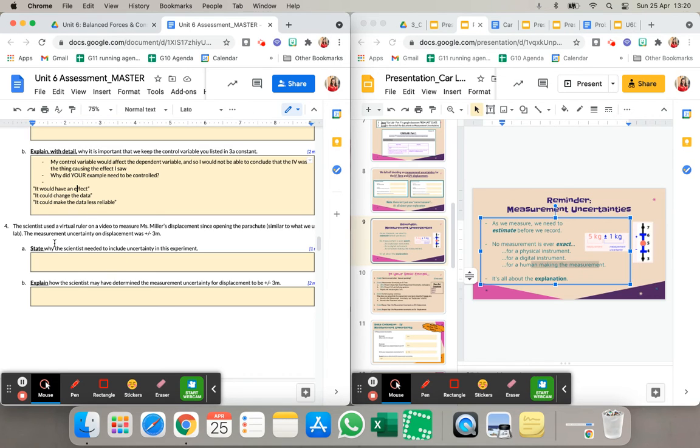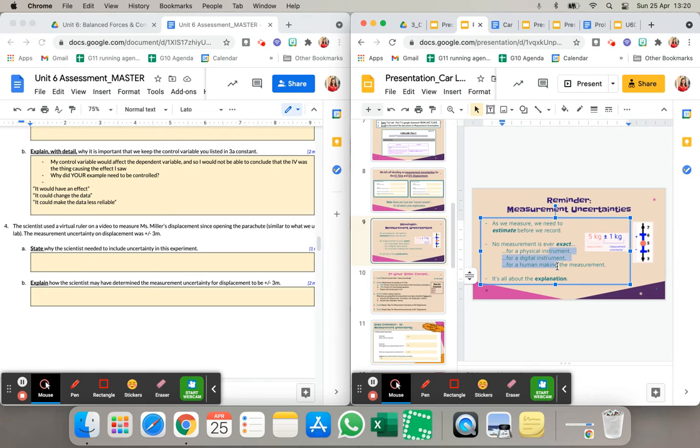So in this case, we were looking for you to say we need to include uncertainty because every experiment has uncertainty, every measurement has uncertainty. And then in the second part, we were really looking for you to mention these two big themes we kept coming back to, that the instrument itself has uncertainty and the human interpretation adds some uncertainty.